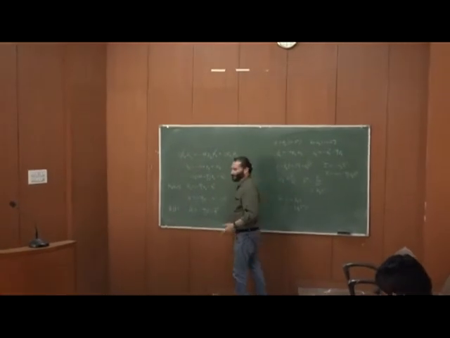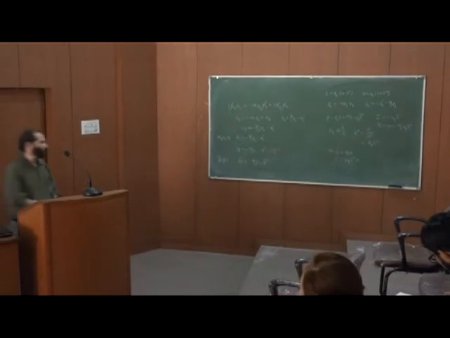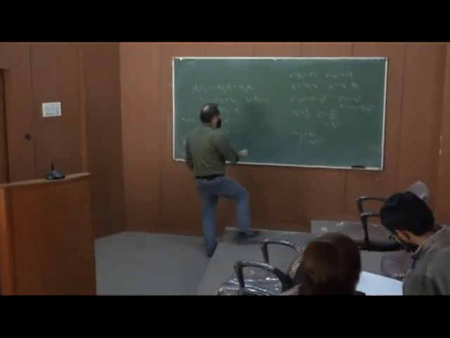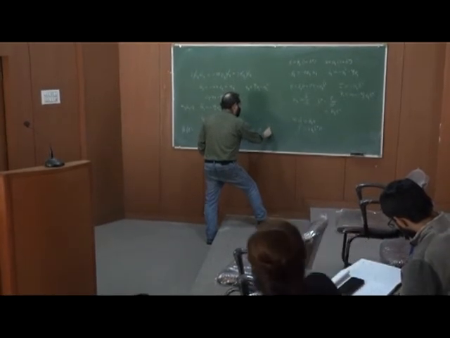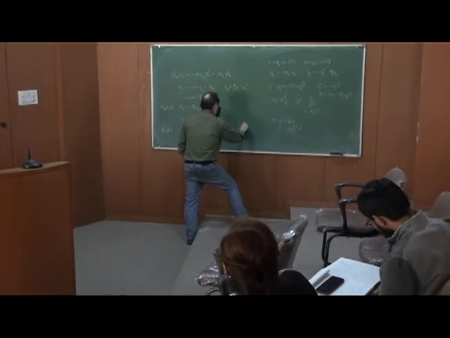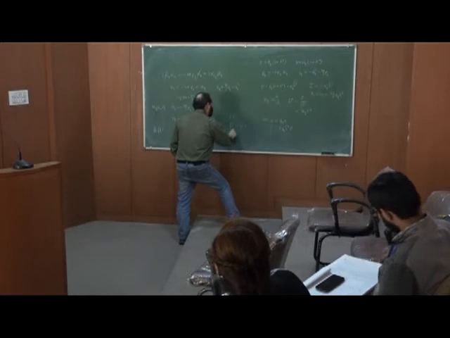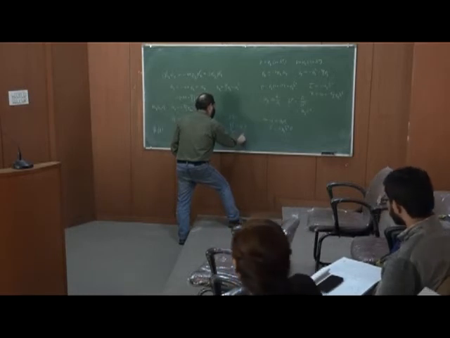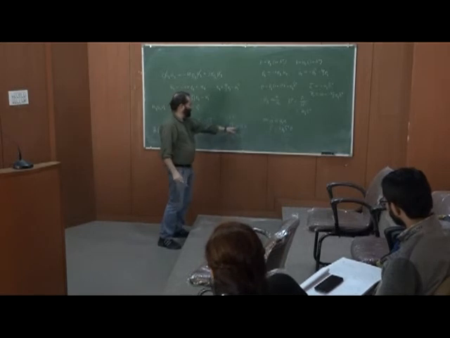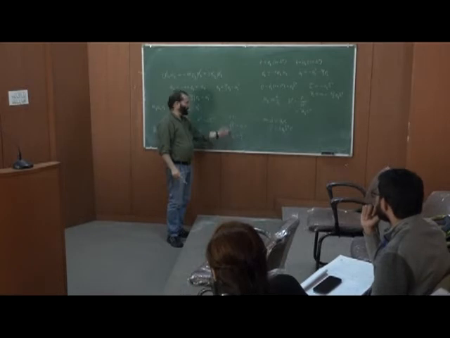So how do you determine the metric functions of the standard? See, if you have A, then you obtain R. You obtain big R, which we are calling here Y. Big R is simply this. And R prime by R is simply this. So once you have A, you obtain R. And once you have gamma, you obtain R prime.